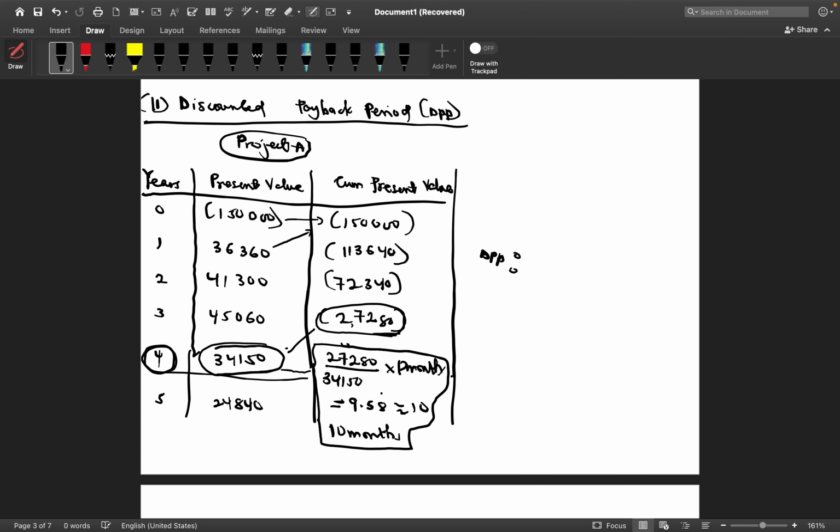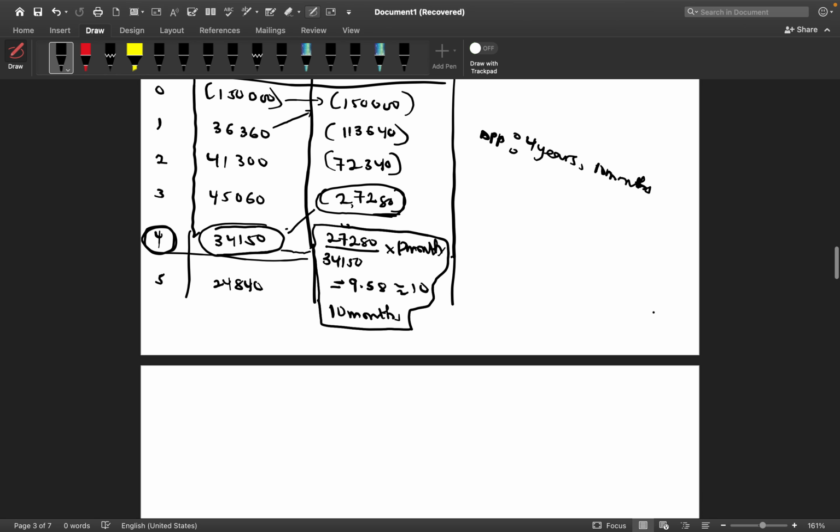But with payback period, we don't pick the year in which we calculated the month. We pick the previous year and the months. With discounted payback period, we pick the same year in which we calculated the month. So the discounted payback period for project A is 4 years, 10 months. That's project A.